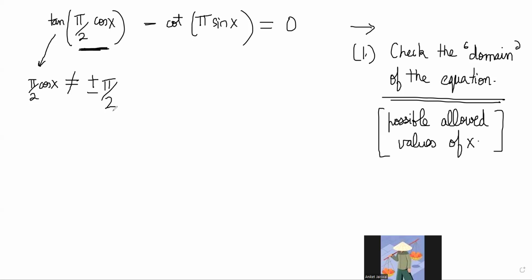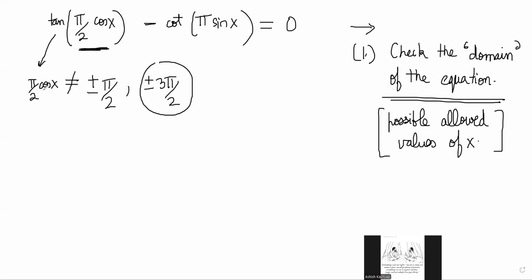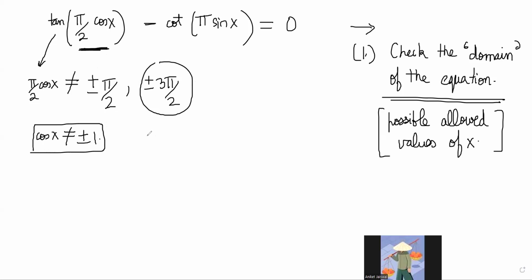Obviously, we don't have to consider the other odd multiples because those are not possible. Why? Because cos x cannot be more than 1. So what we can say is cos x should not be equal to plus or minus 1, because then the tan function is undefined.